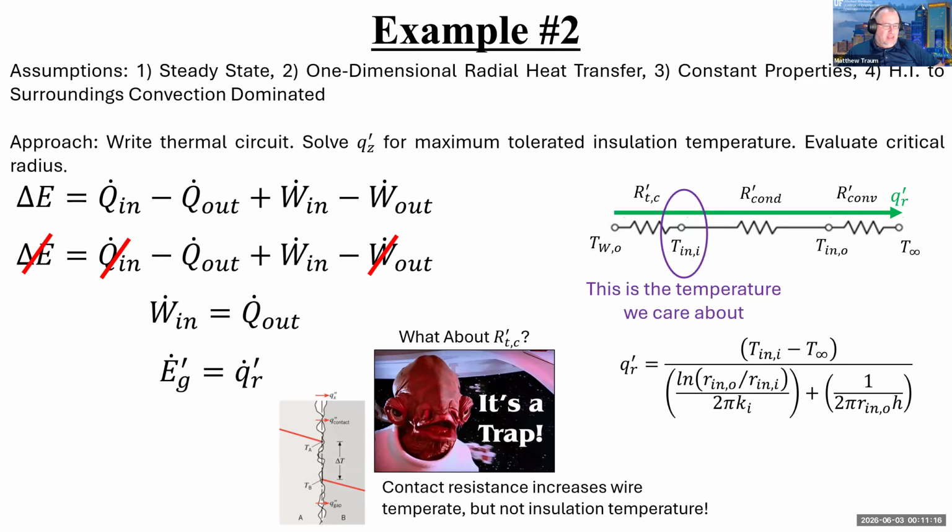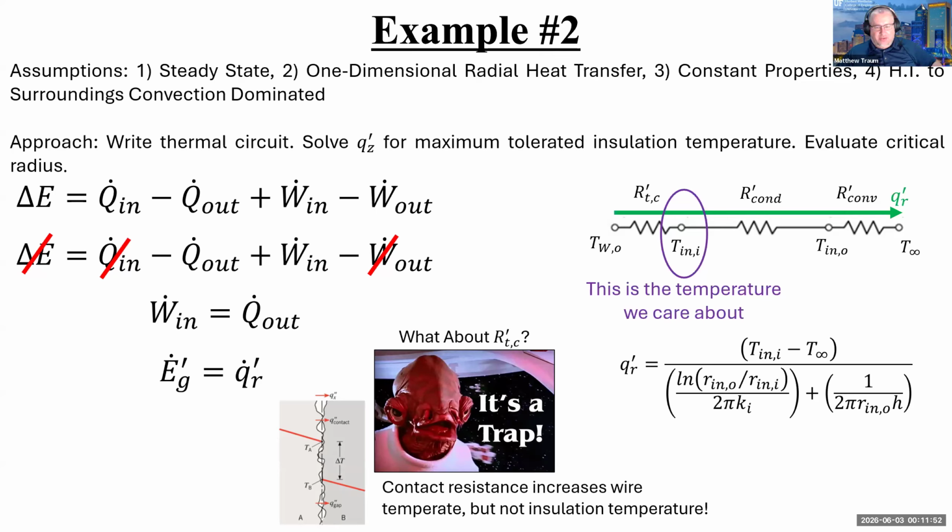And W dot in, this is my electrical power in, which we described before as just E dot sub G. Notice this one prime because I'm now doing it on a per unit length basis because that's how I was asked to solve it. And then this Q dot out is just the heat transfer in the radial direction, again, prime representing per unit length.